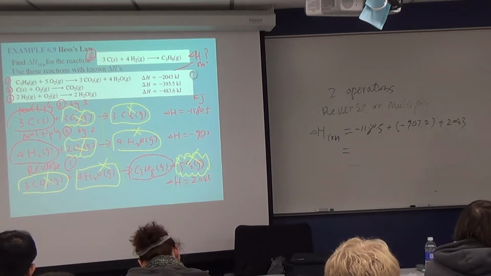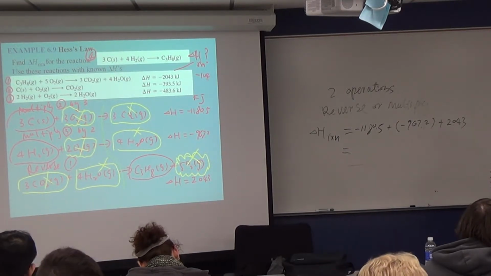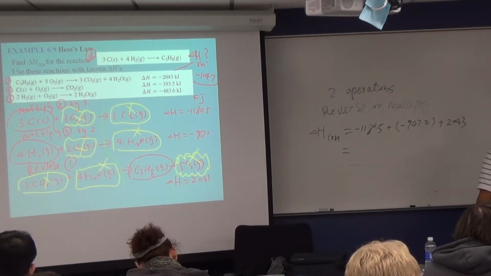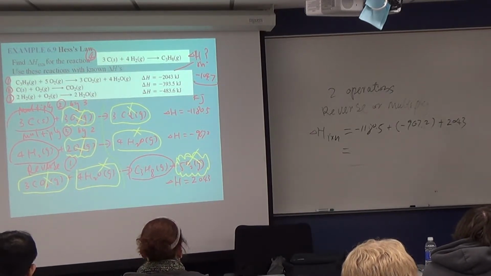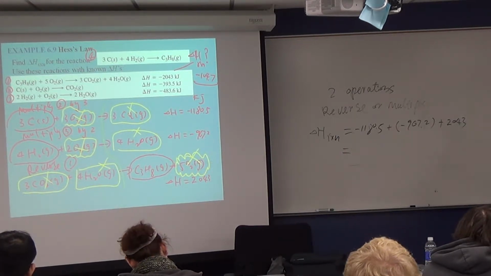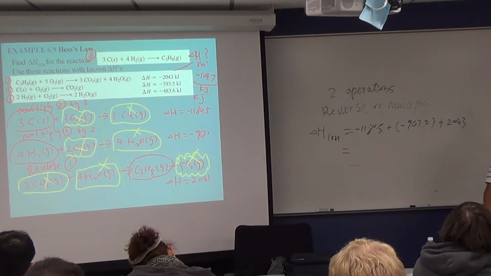So negative 104.7. Be careful with those. They were negative 104.7, and the units, all those are kilojoules, right? So therefore it's kilojoules. Okay, any questions?